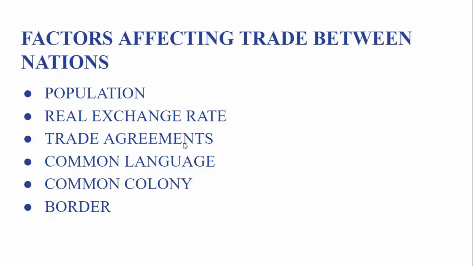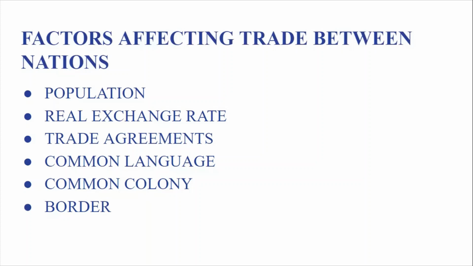For example, dummy variable like common language, common colony, border, and there are so many variables that can be included for the study. So common language here means that if the countries are sharing a common language, okay, so a dummy value of 1 is assigned, otherwise 0. Similarly, if both the trading countries were colonies of the same colonizer, a dummy value of 1 is assigned, otherwise 0.